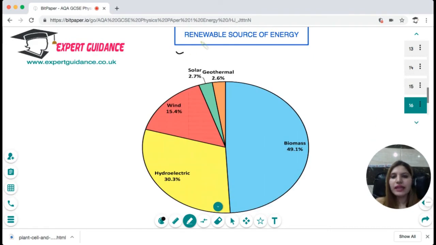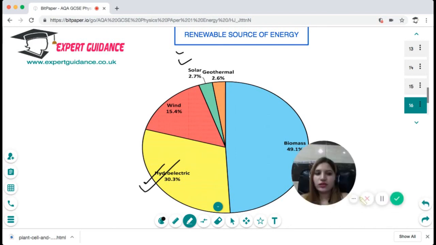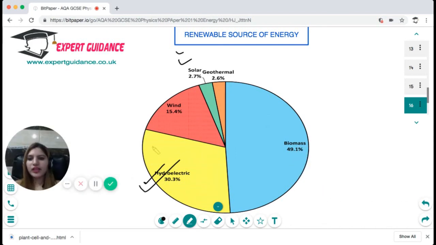Okay. Now, among the renewable sources of energy, we have hydroelectricity, where we use the water from dams coming down. The water converts its energy, the turbines rotate, and they generate electricity. Then in wind energy, we can use the wind energy to run the turbines, and the turbines can generate electricity.